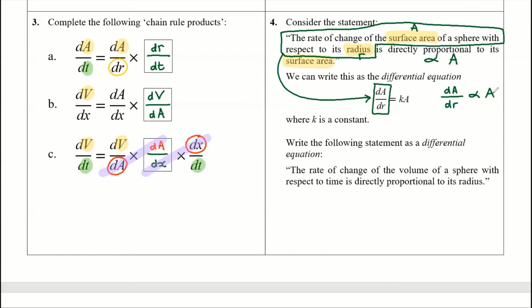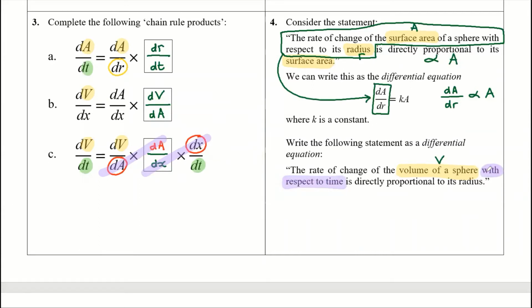So it says here, write the following statement as a differential equation. So the rate of change of the volume, let's think about it, the volume of a sphere. So let's call that V. I think that's a sensible thing to do, what we've been doing so far. With respect to time, so the second variable that I'm interested in is time.